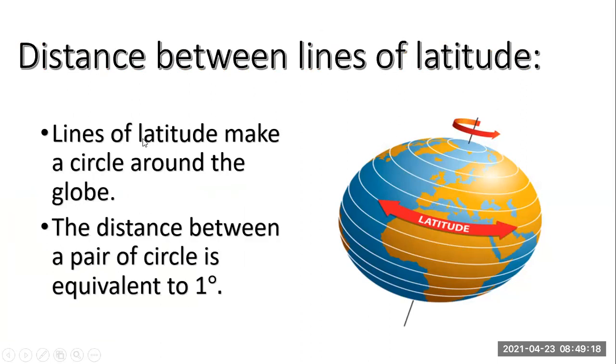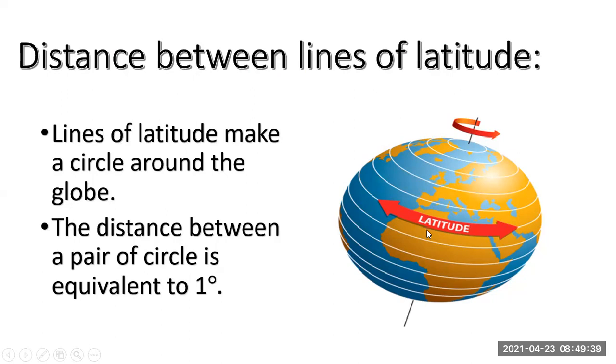But here's one difference you need to notice, and that is when we're talking about lines of longitude, we said that all the lines join at the pole. But here, lines make the circle. All the lines are not joining the equator. There is a line which is named as equator, which serves as a starting point for measuring the latitude.